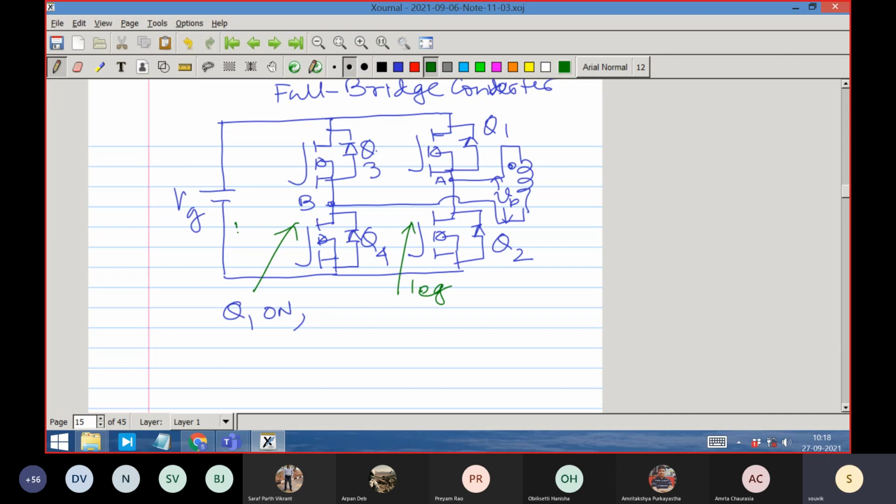We will call it right hand leg, and this is left hand leg. So at any point of time, only 2 switches can be on, and 2 switches must be on to define a completely defined VAB. There cannot be any floating state.